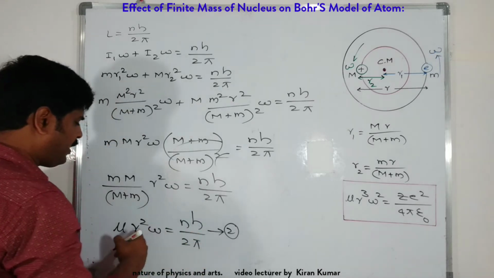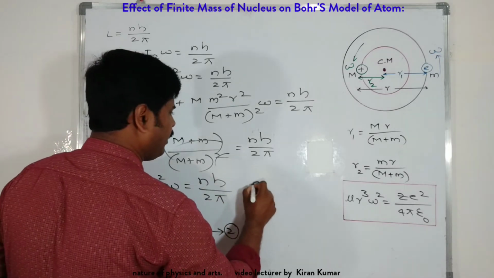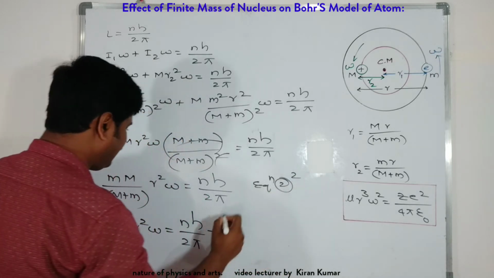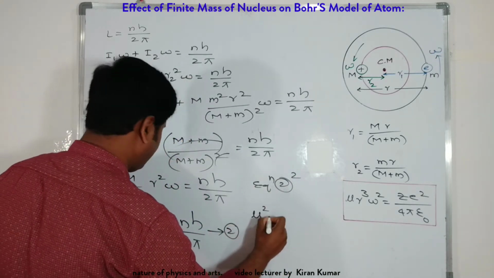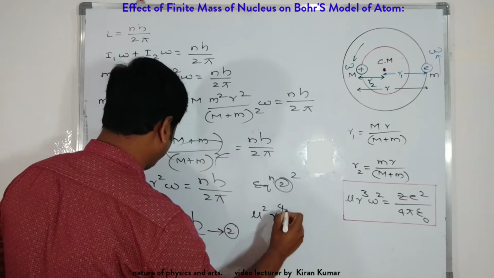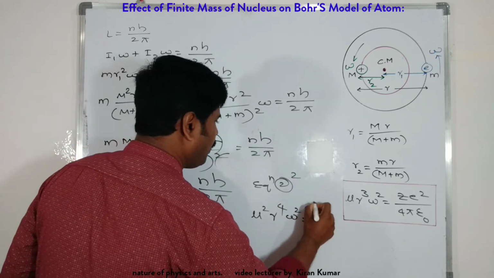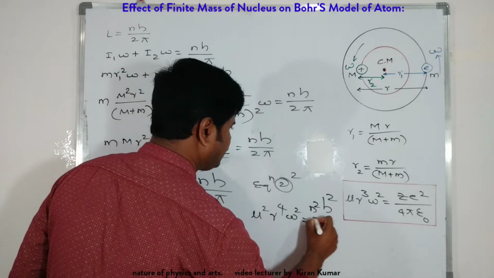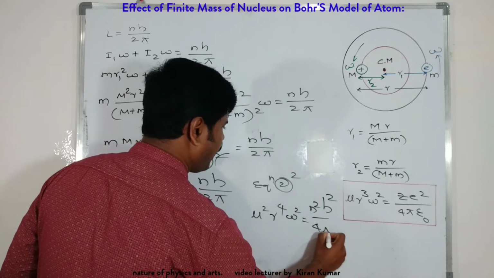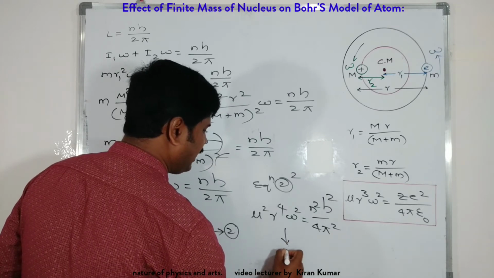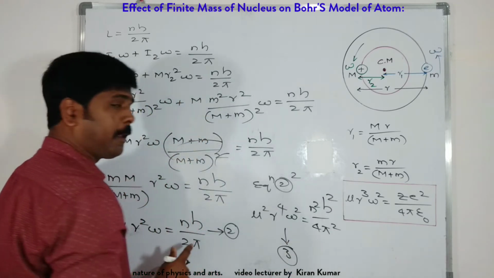Now I am squaring equation 2, that is mu square r to the power of 4 omega square, which is equal to n square h square divided by 4 pi square. That is taken as equation number 3.